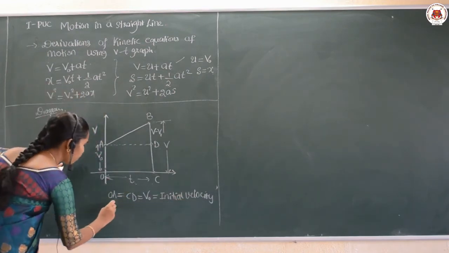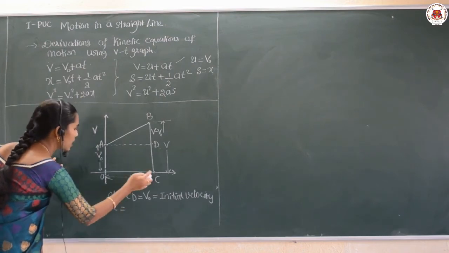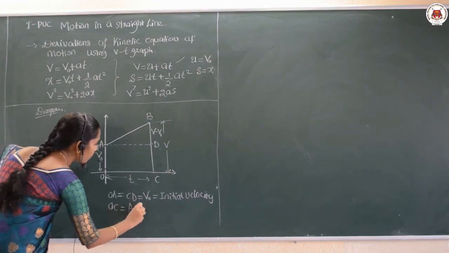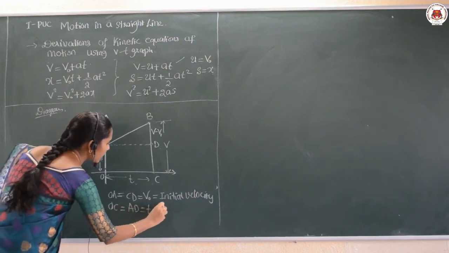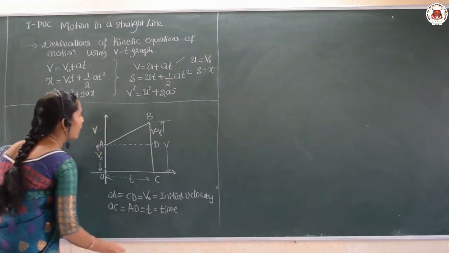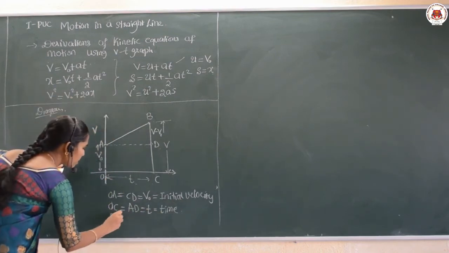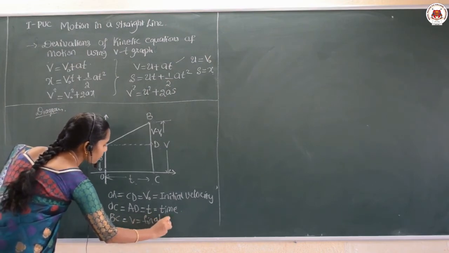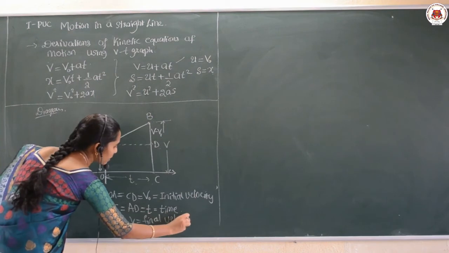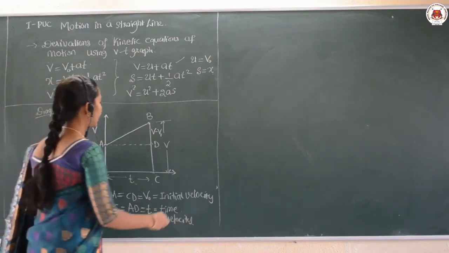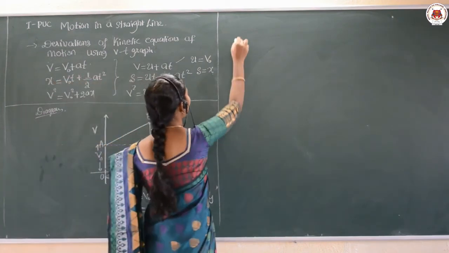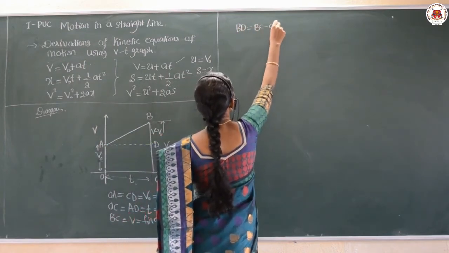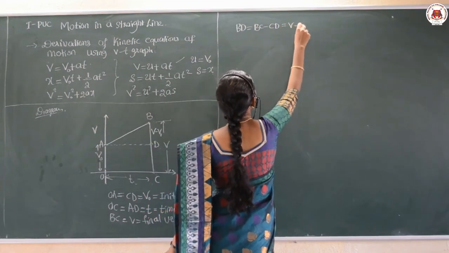And similarly OC, this quantity OC is equal to AD, that is equal to T, that is the time, right? And you know that BC is equal to V, that is the final velocity of the body. Okay, and next if you want to write BD, that is equal to BC minus CD, so that is V minus V naught.